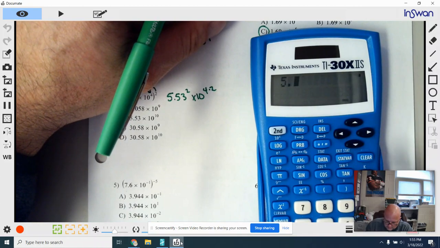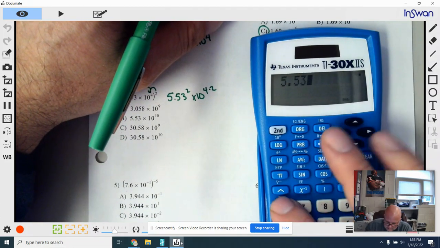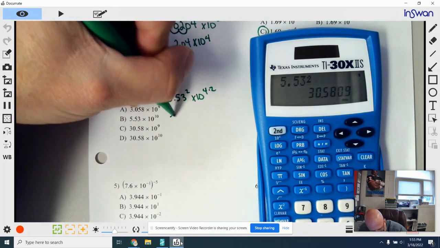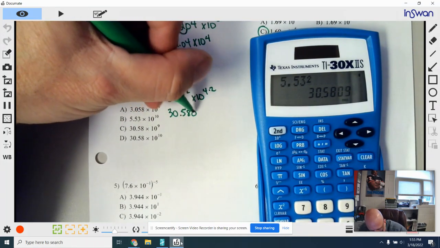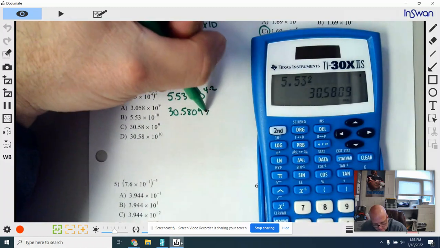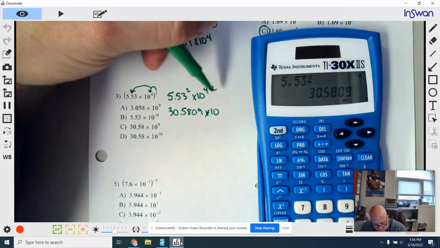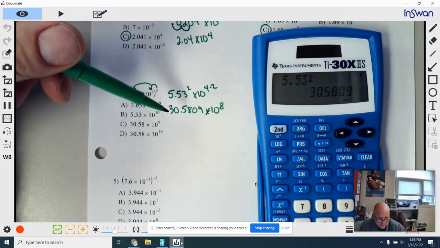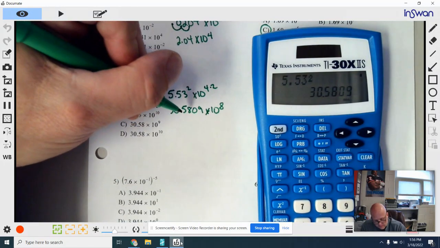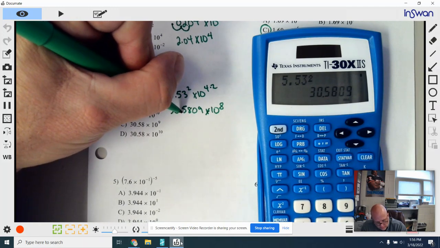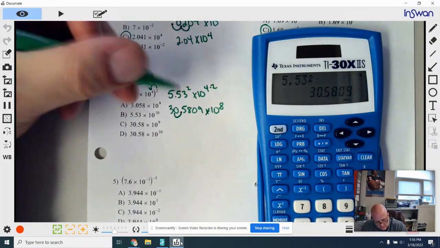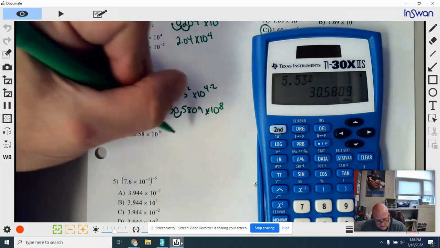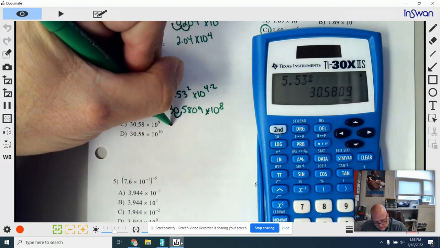Okay, so 5.53 squared equals, and I'm going to write down 30.5809 times 10. 4 times 2 is 8. Okay, this number is 1 or more, but it is bigger than 10. So this decimal needs to move to the left. It moves to the left, and now you're at 3.05809, which is okay for us now.